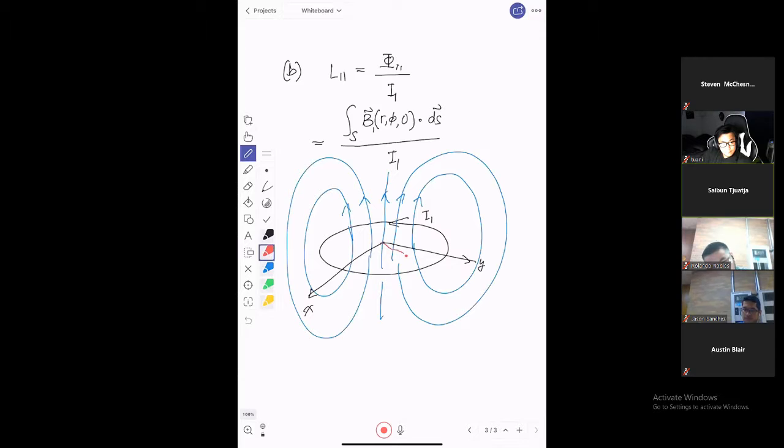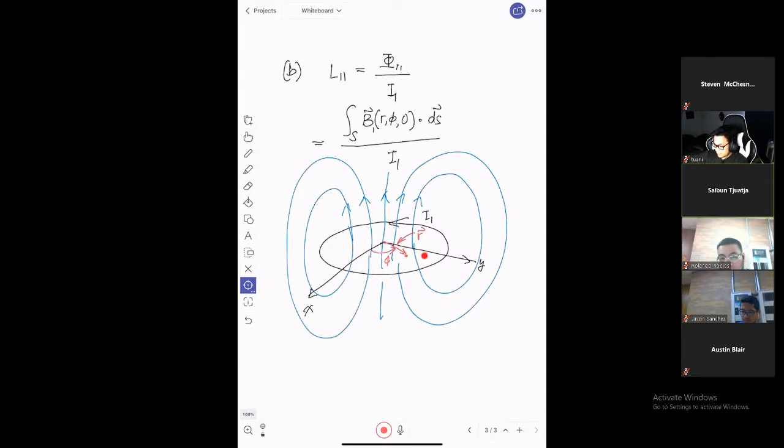Here's the R, the vector R, and here's the phi. It's a function of R. If I only look at the distance, then I need R and phi. Because we are on the plane, I don't have to worry about the Z. Everybody follow that? So I have to solve for the B at every point.